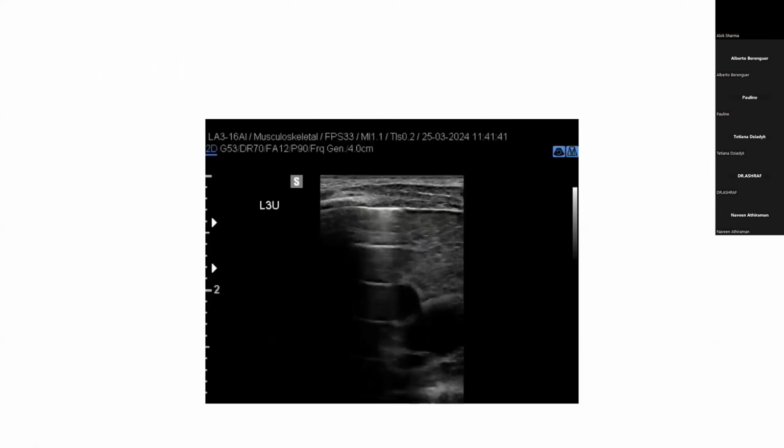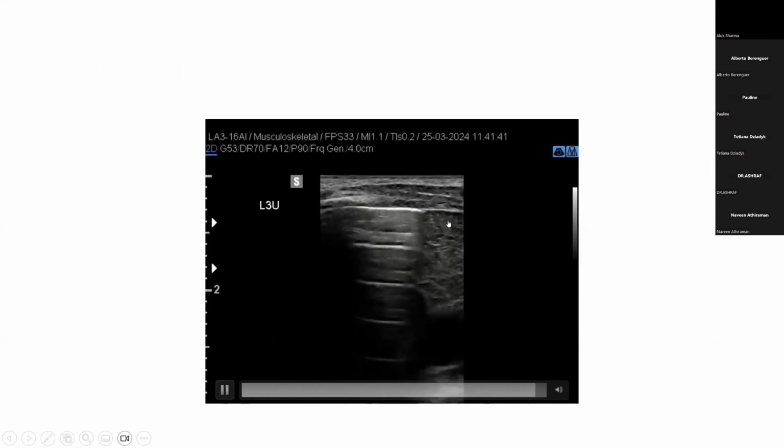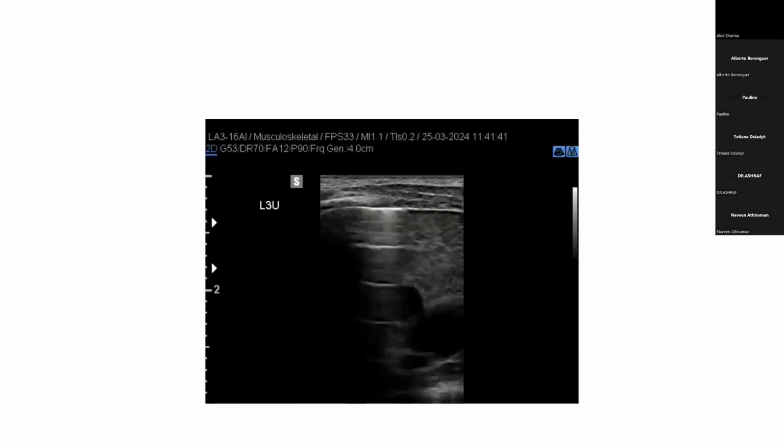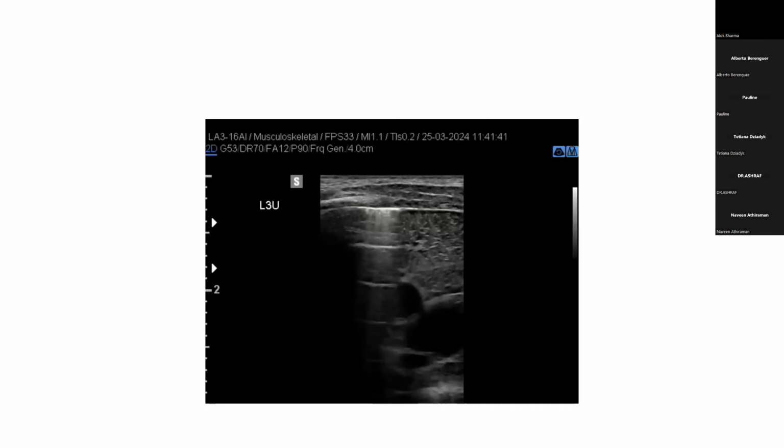And then when I went to the lateral side, I also saw a double lung point with an A profile, some B lines, some lung sliding, and then over here, for me, it's quite difficult to say, because here I think it's the heart, but on the lateral side, I cannot explain how I can see the heart on the left side.